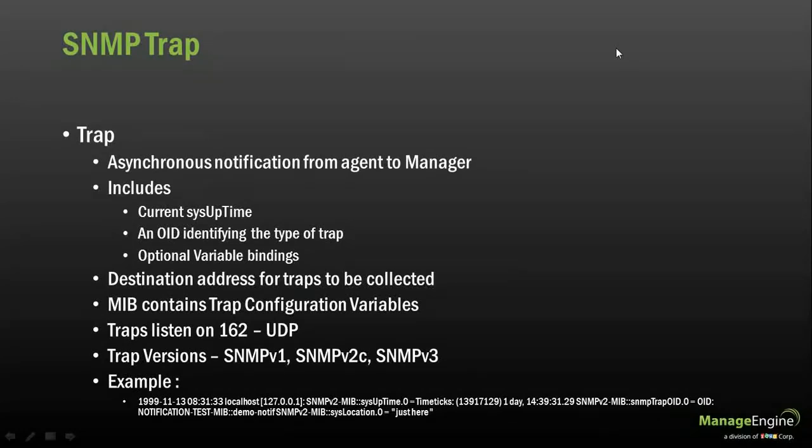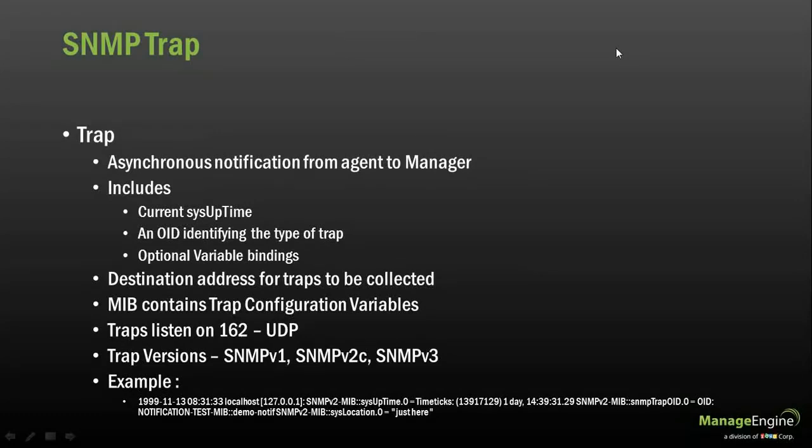Traps are asynchronous notifications from the SNMP agent to the manager about events happening within the managed device. It includes the current sys uptime, an OID that identifies the type of trap, and optional variable bindings. In order that specific events within the managed device are captured as traps, it is important to specify the destination address for the traps to be collected.